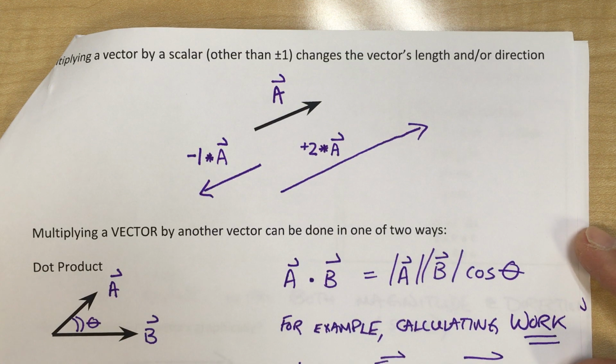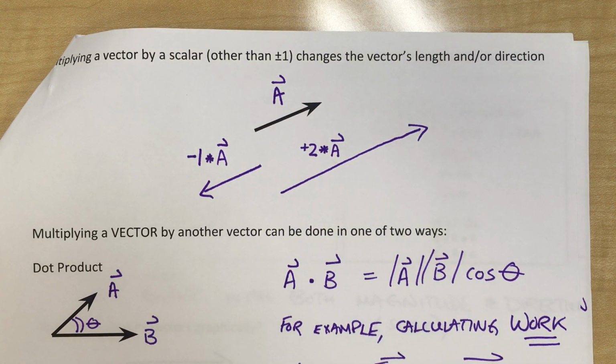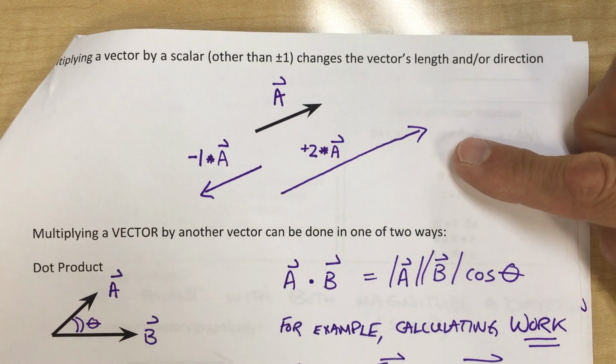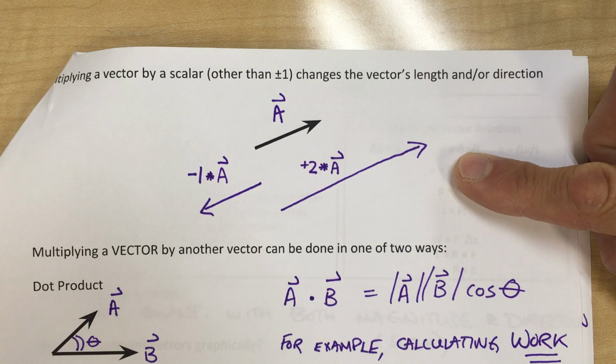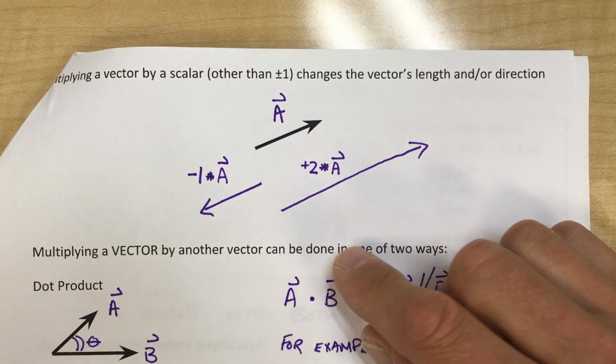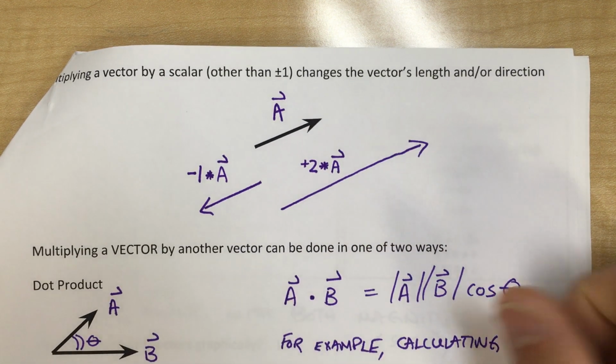Okay. The one type of multiplying vectors that we're going to use a lot now is multiplying by a scalar. So up here it talks about how to multiply a vector by a scalar. Now remember that a scalar is just a number. Guys, the effect of multiplying a vector by a scalar is to basically change the vector's length and/or its direction.